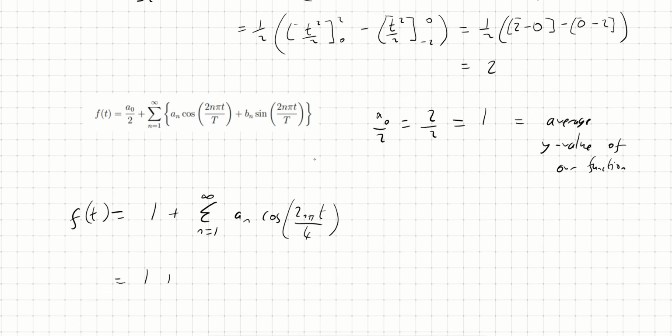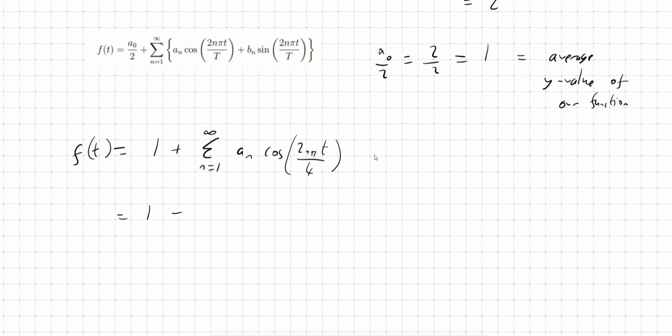So this is 1, it was minus, remind myself, 8 over n squared pi squared cos 2n pi t over 4, which simplifies to just n pi t over 2. And remember, this is only for n odd. So it's n equals 1 to infinity, n odd, because the even terms were all 0.